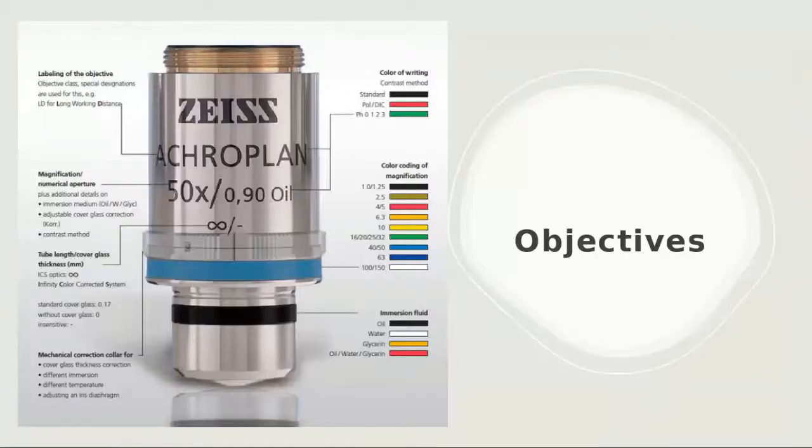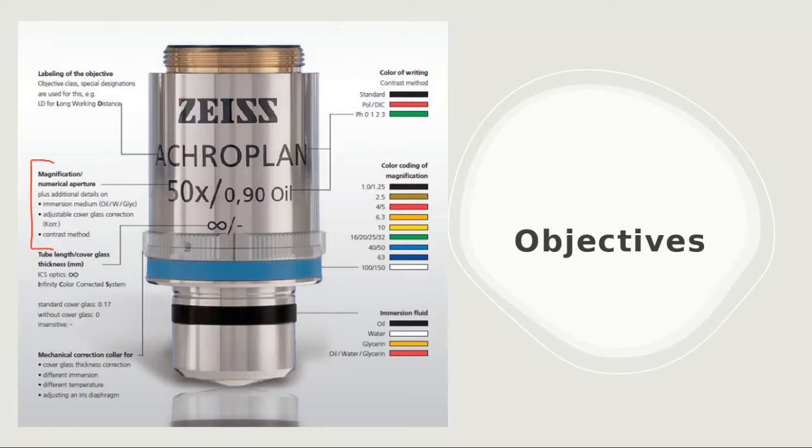So let's look at these objectives. Now that we're here, what do all these numbers mean on the side of an objective? Obviously Zeiss is a company that makes objectives and microscopes, but the really important parts of this are going to be your magnification, contrast.